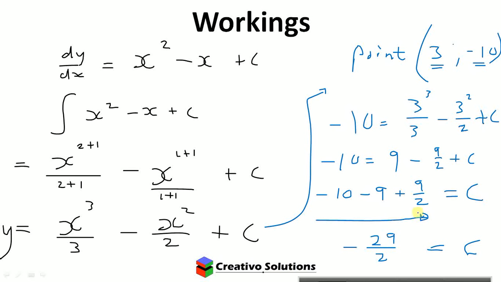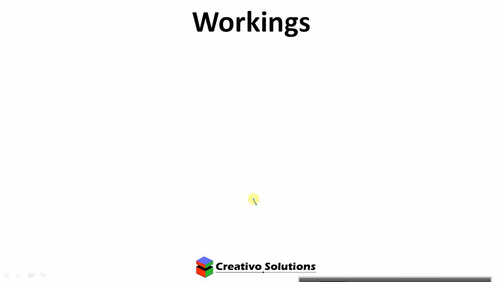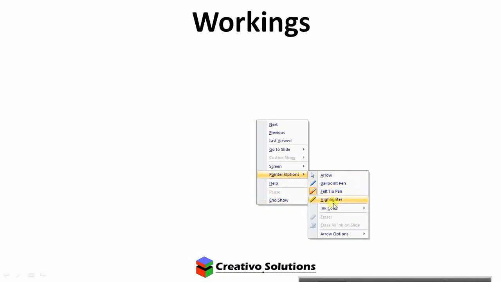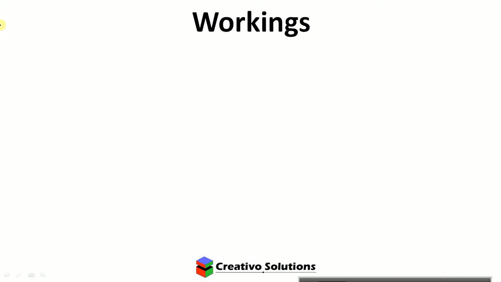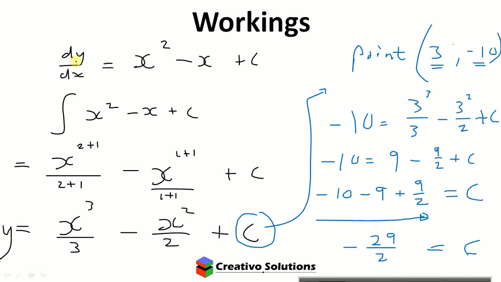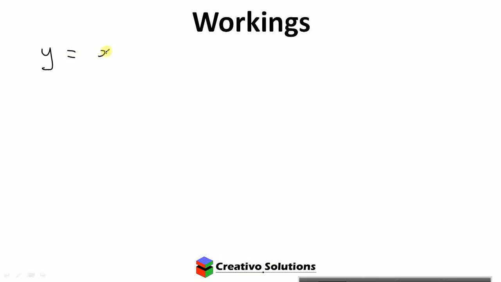So what can I do here? I can write that in there. Let's summarize and write down all the answers we've got. First answer is the function: y equals x cubed over 3 minus x squared over 2 minus 29 over 2. Now I know what the c is.